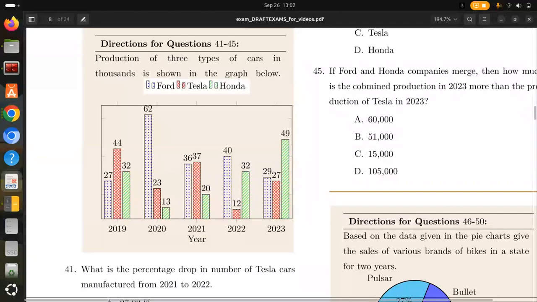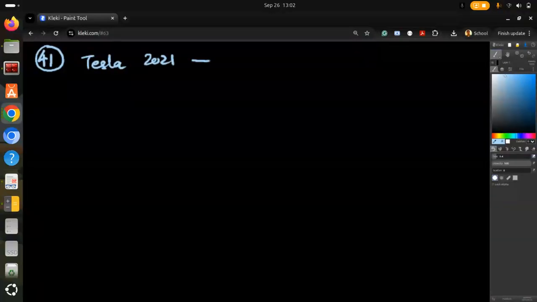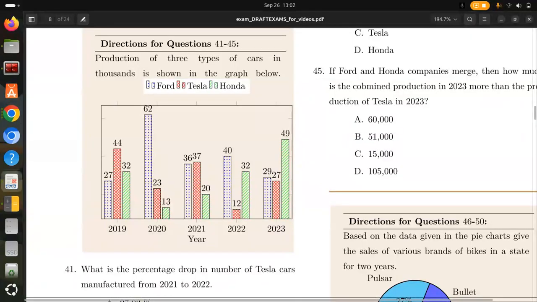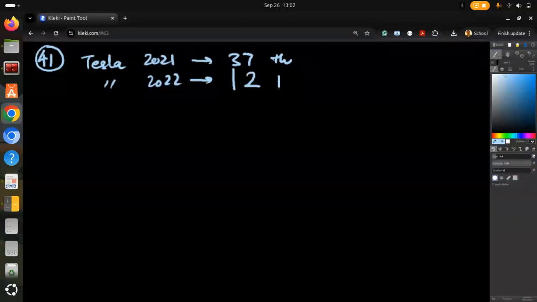So question number 41, Tesla in 2021 is 37,000. Tesla in 2022 is 12,000. So what is the percentage drop?